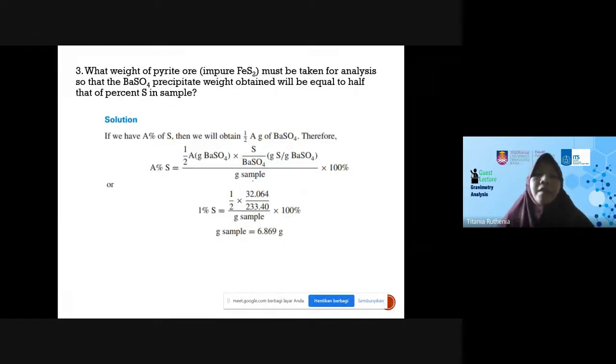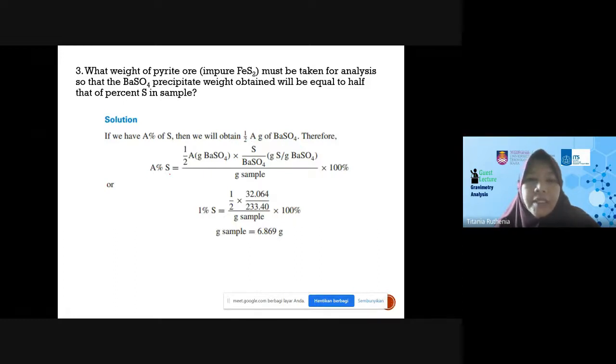And this one, number 3: what weight of pyrite ore, impure FeS2, must be taken for analysis so that the barium sulfate precipitate weight obtained will be equal to half that of the percent S in the sample? So we assume that percent S is A, so A%. And the barium sulfate will be half of A, so half A gram.